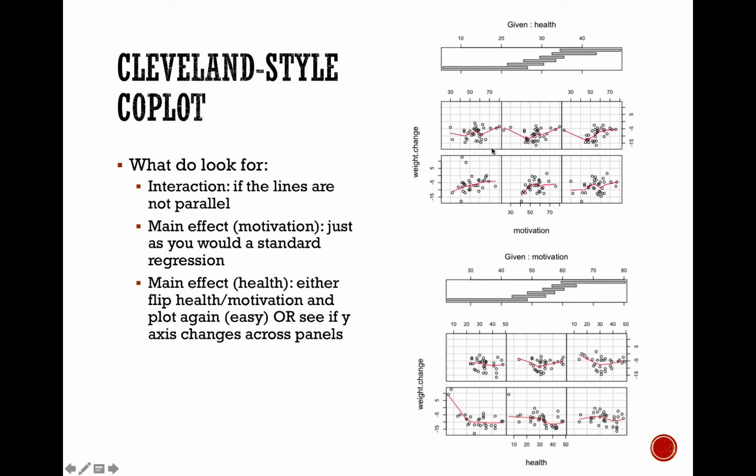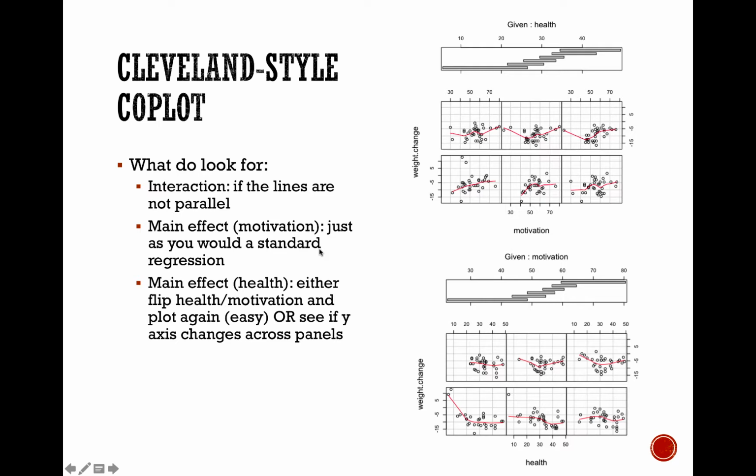And then at the top, some funky possible curvilinear things start happening. So this tells us that there may be an interaction effect because, again, the relationship changes for different levels of health. But at least at certain points, there's certainly a relationship between motivation and weight change.